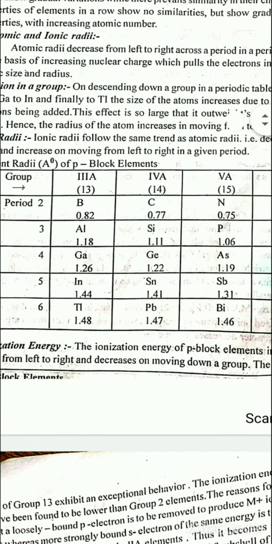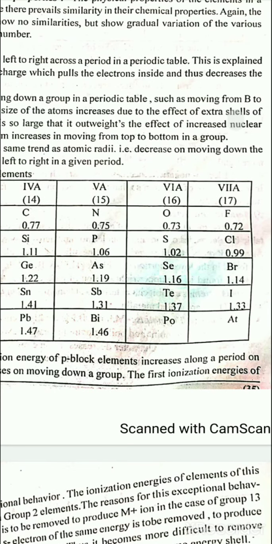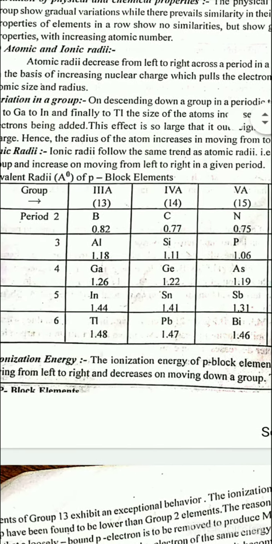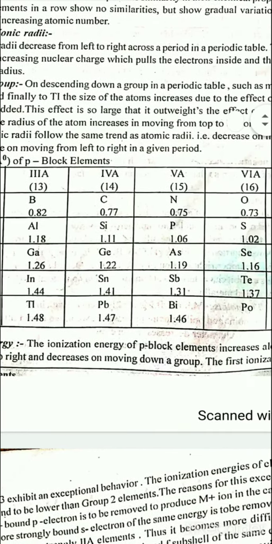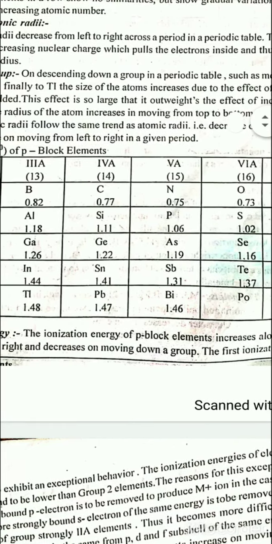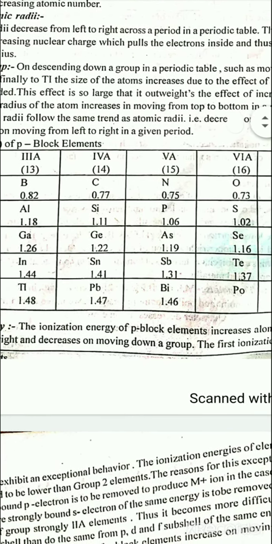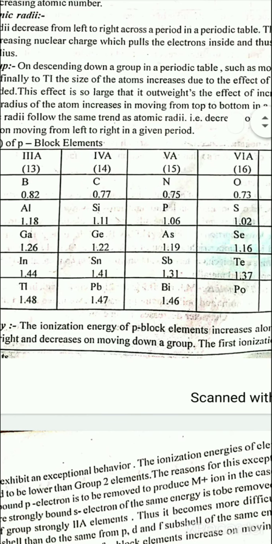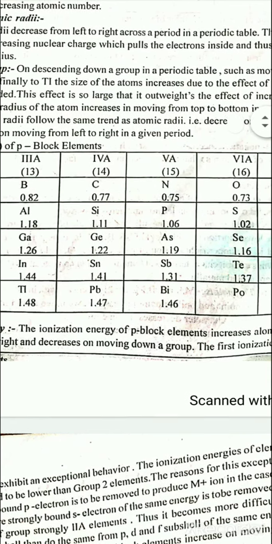The ionization energy of p block elements increases along a period, on moving from left to right. Why does ionization energy increase? In the case of boron, only one electron is there, that is 2p1. If you remove that electron, it will get extra stability.